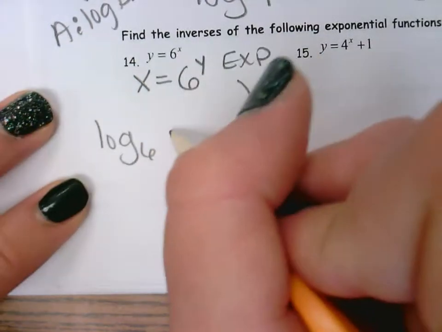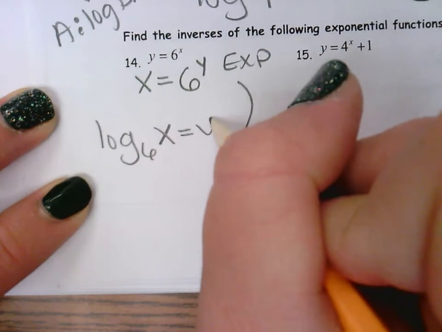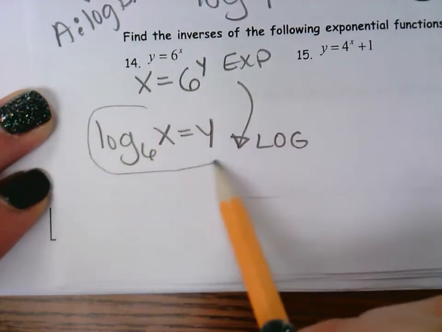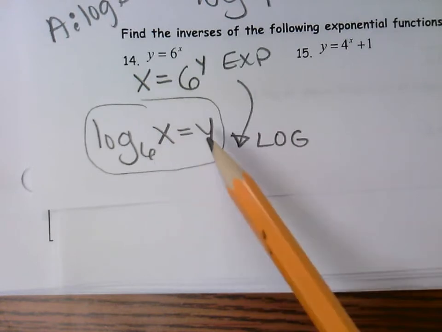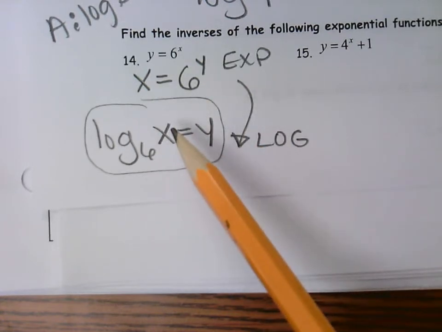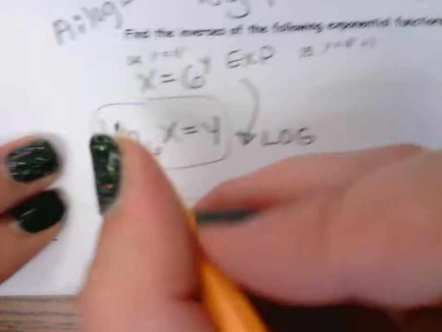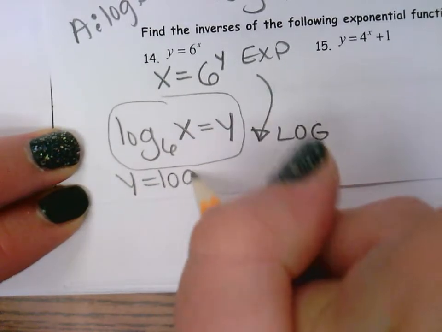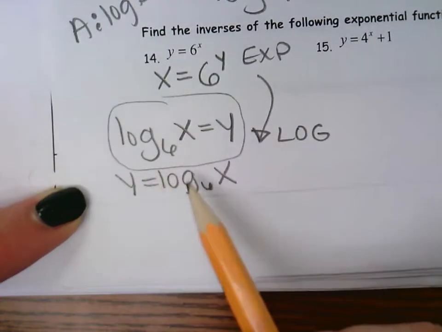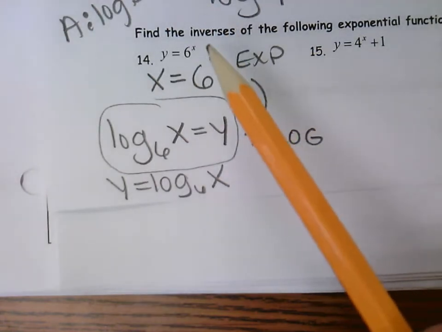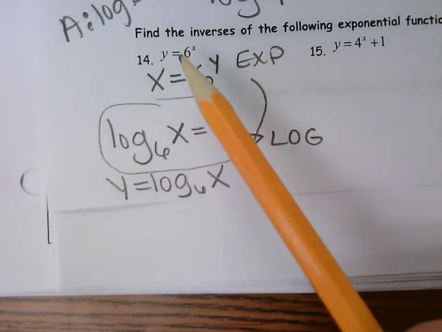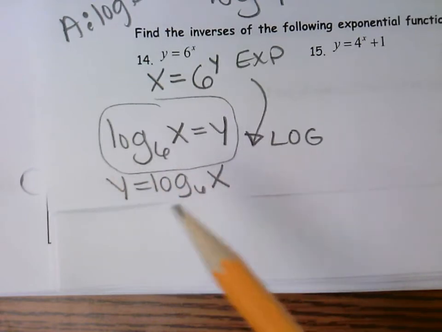That puts x inside the log. So would you agree that these are equivalent? 6 raised to the y power equals x. And if you want to put it in function form, it'd probably be better to write it y equals log base 6 of x. So if you start with an exponential function, you're going to end with a log function and vice versa.